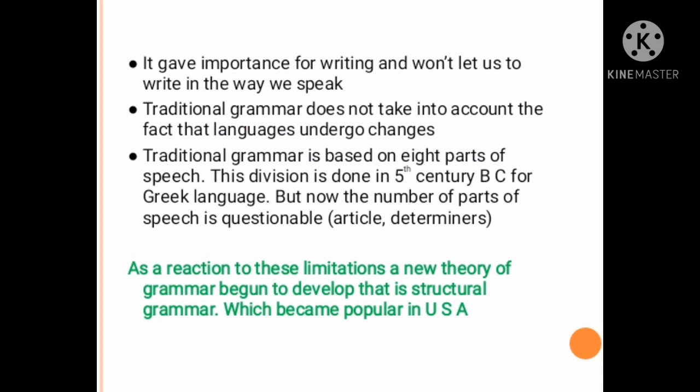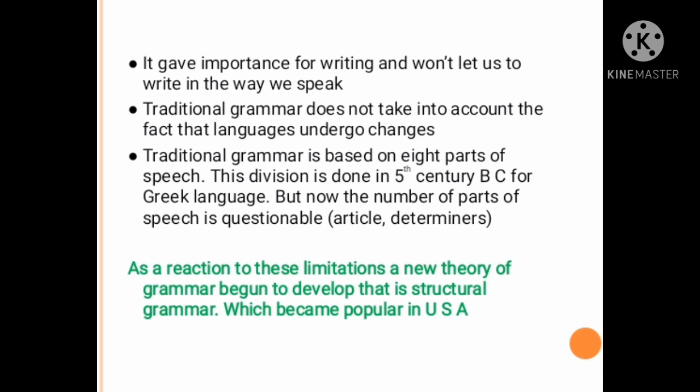The next point is that traditional grammar is based on 8 parts of speech, and this division was done in the 5th century BC for the Greek language. But the number of parts of speech is questionable now. The article and determiner are also considered parts of speech. Therefore, there are 10 parts of speech instead of 8. So, these are the limitations of traditional grammar.